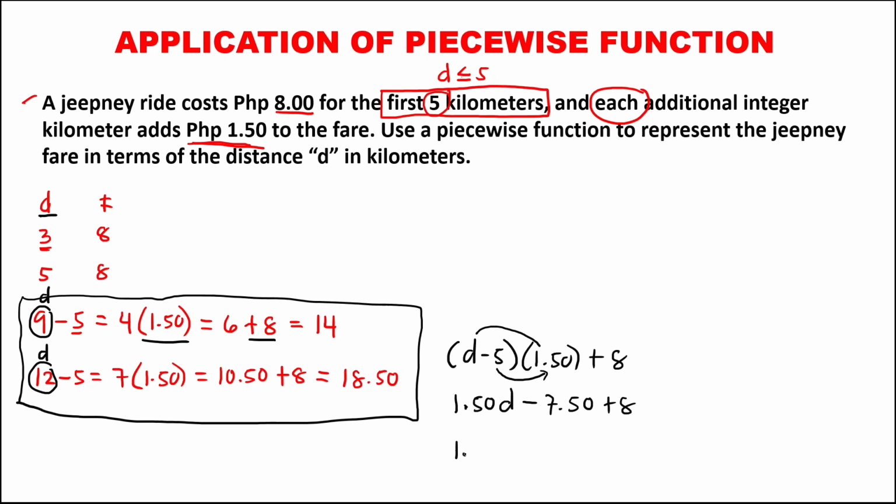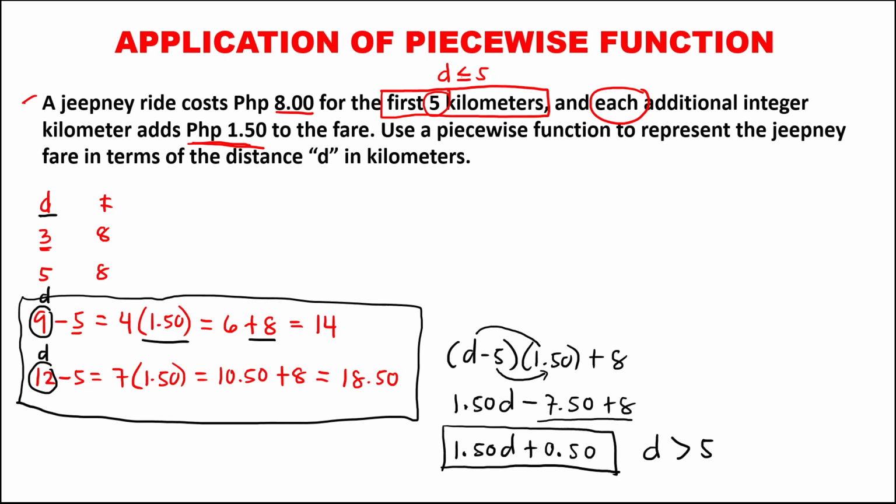Then we have this 1.50 times the distance, and this negative 7.50 plus 8, so this is positive 0.50. So this is now the formula if the distance traveled is greater than 5 kilometers.